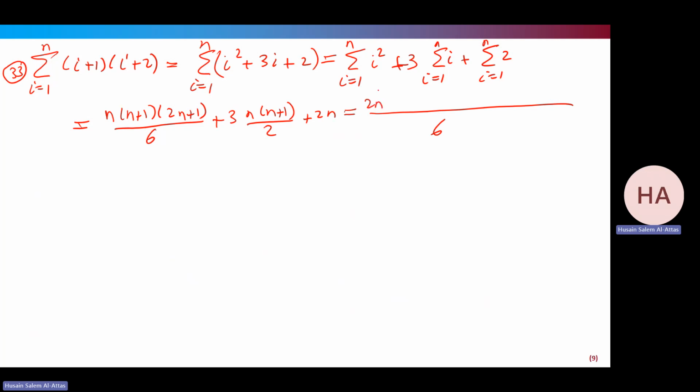We did it: 2n cubed plus 3n squared plus n. Yeah, plus n. That means I have multiplied by 3, plus 9n squared plus 9n.